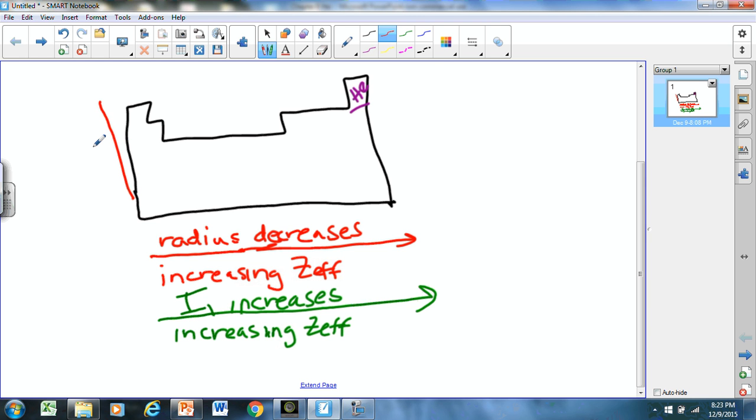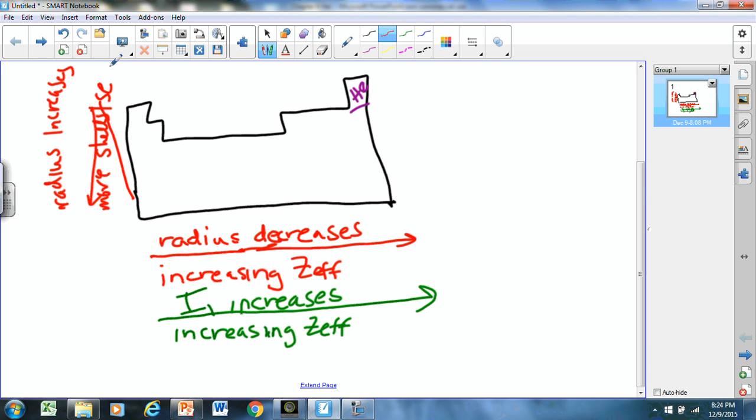So, okay, this is crazy. I have a really hard time with this. So let me try this again. When you go down, I will say that the radius increases. And we know that the reason the radius increases is that there's more shells and shielding electrons.